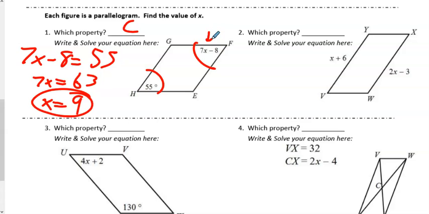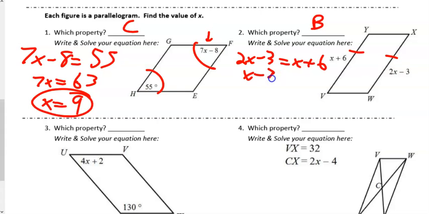Which property? Well, we have opposite sides here. Two pairs of opposite sides are congruent. That is B. We know that opposite sides are equal. So we're going to mark those with our little hash marks to remind ourselves. And then we're simply going to do the math. 2x minus 3 equals the other side, x plus 6. Subtract x from both sides.